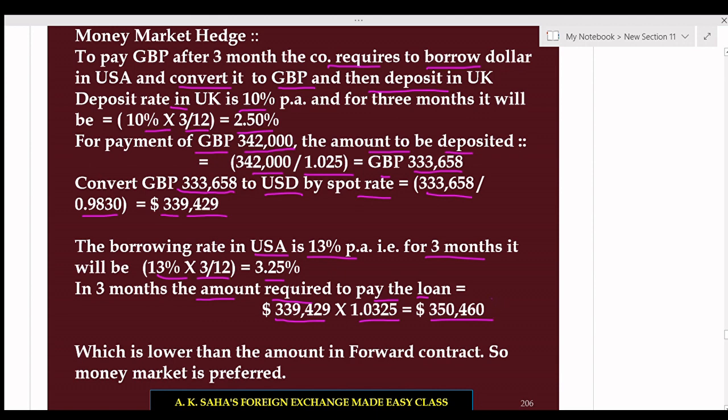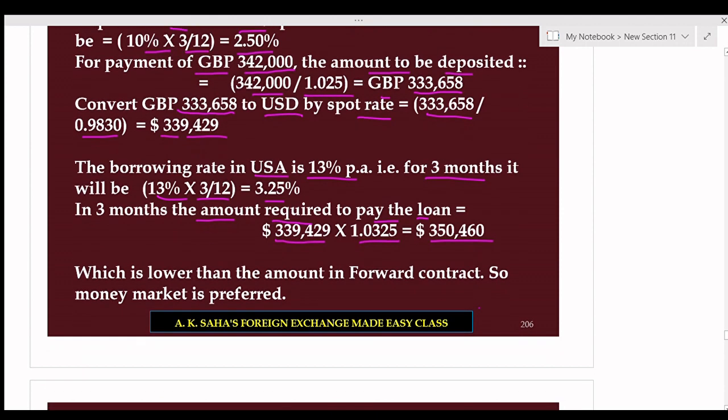This is the net payment, the cash outflow for the importer in the USA. This money market hedge is lower than the amount in the forward contract, so the money market will be preferred.